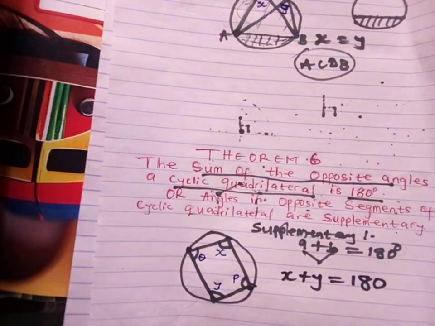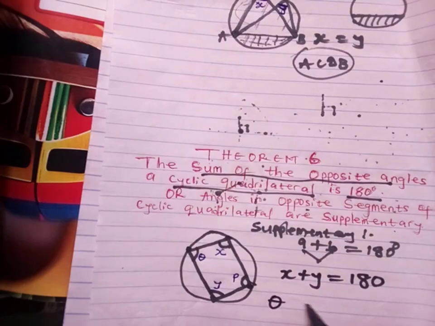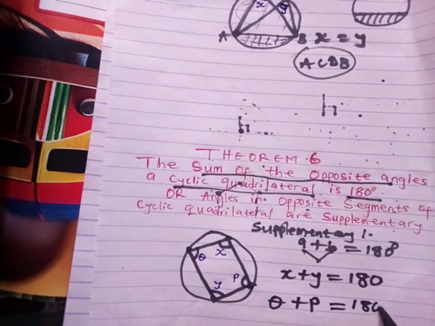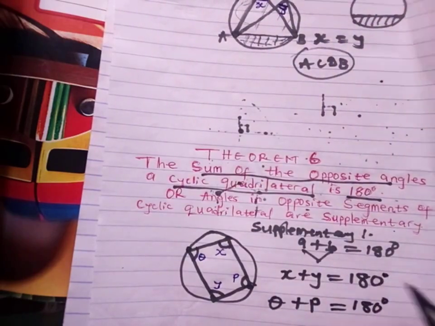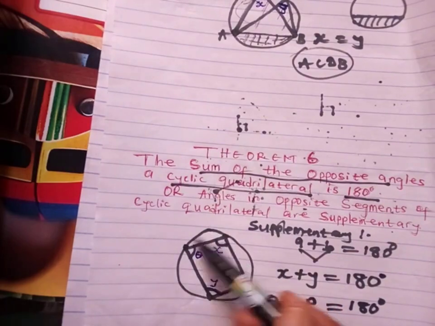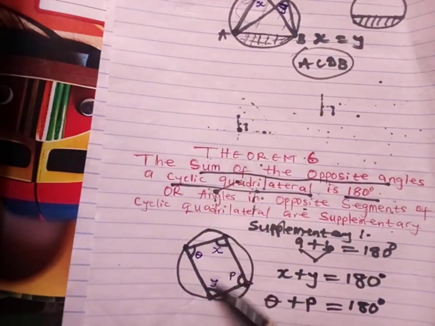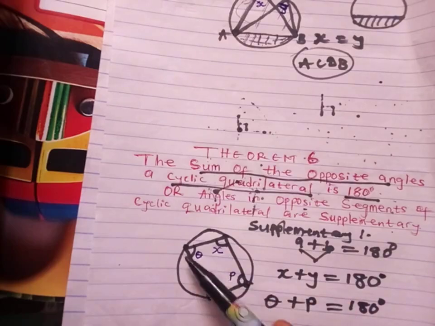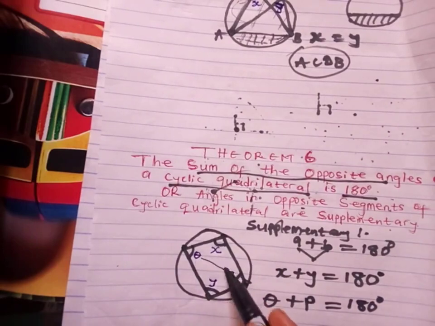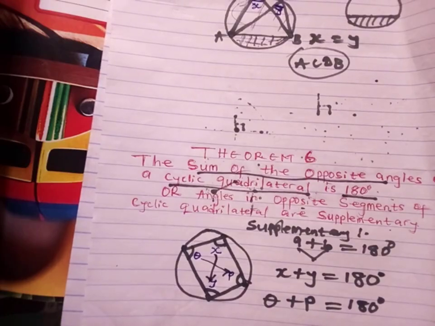And it also means that theta plus p is equal to 180 degrees. So take note, this is what Theorem 6 is saying, that when you have a cyclic quadrilateral, the sum of the opposite angles is going to be equal to 180 degrees. This is opposite to this very angle, so their sum is equal to 180 degrees.